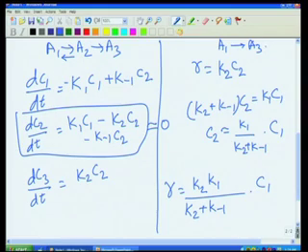So, this rate of reaction is now known in terms of the concentration of one species. This is how we use quasi equilibrium approximation for the reaction, and quasi steady state approximation for the species.